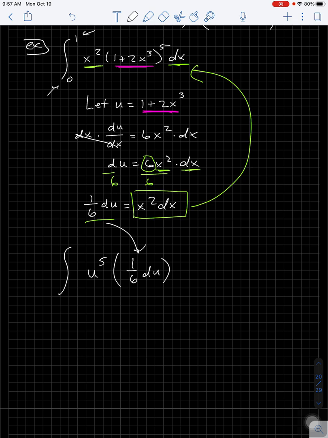Whatever's on the left is substituting for everything on the right. Okay, and our properties of integrals say that this 1/6 can pull out in front. Now, I don't want to get too far before I deal with those numbers. I want to come back to that. But this is what we're setting ourselves up for, okay?